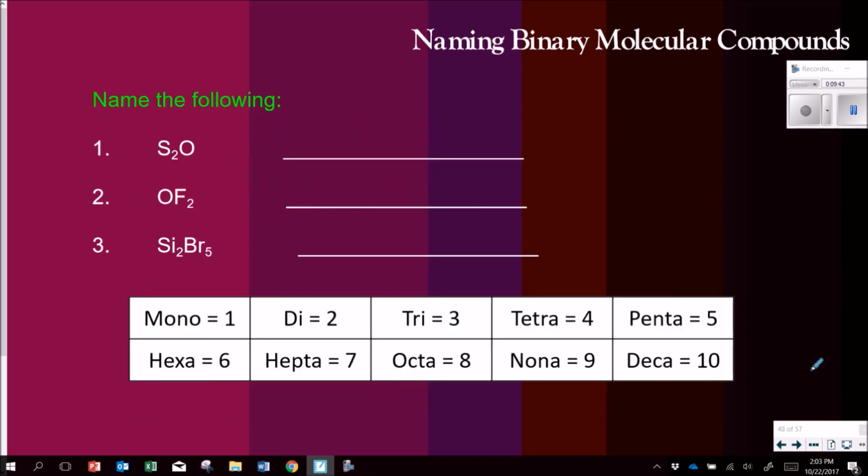Let's practice a few more. S2O. S is sulfur, and I have 2 sulfurs, so disulfur. My second element is oxygen, and I have 1. So we do have to use the term mono for the second one, so disulfur monoxide.